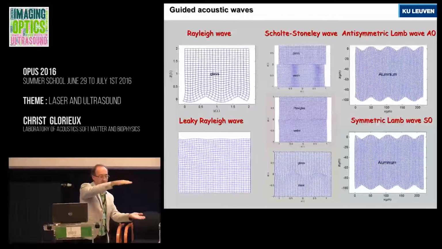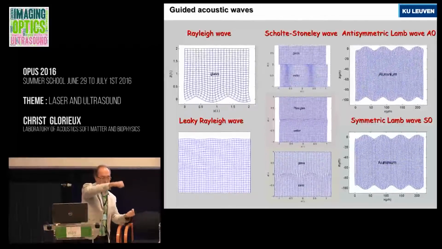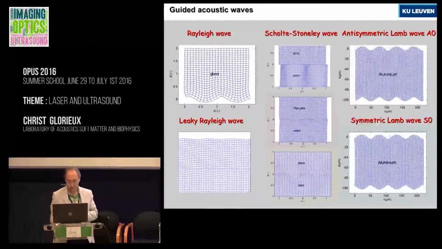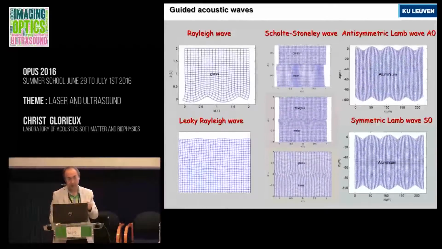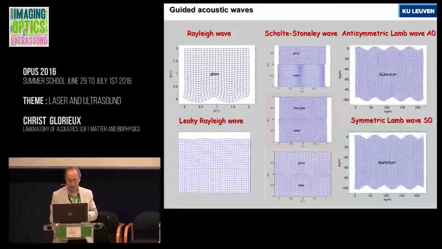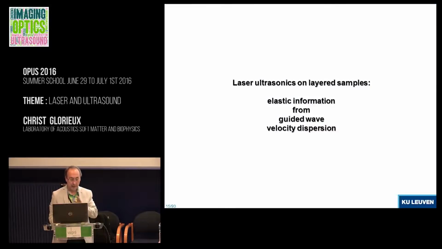They are more difficult to excite because they require compressing and tensing of the sample. And they travel at different speeds because of the effective stiffness of the sample. Now I will go to a first step towards applications of these surface waves, on layered samples.